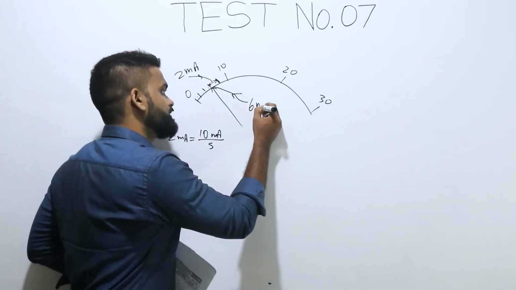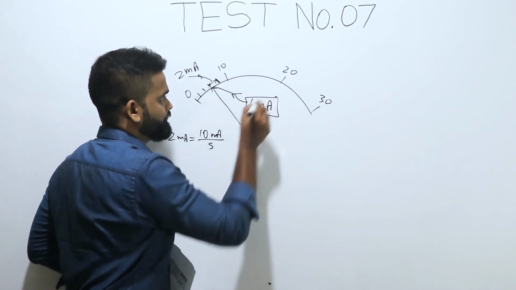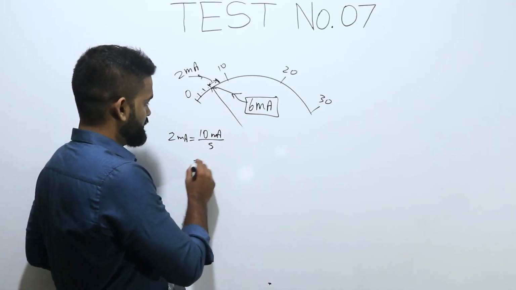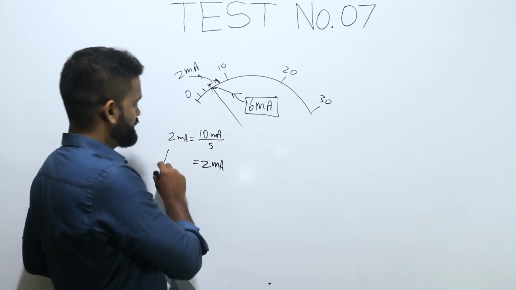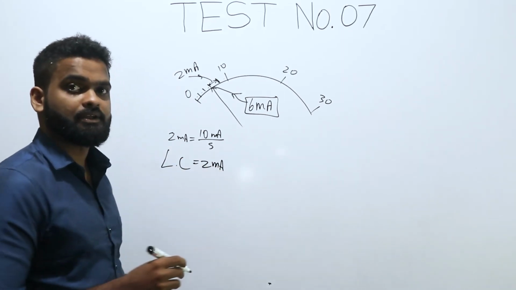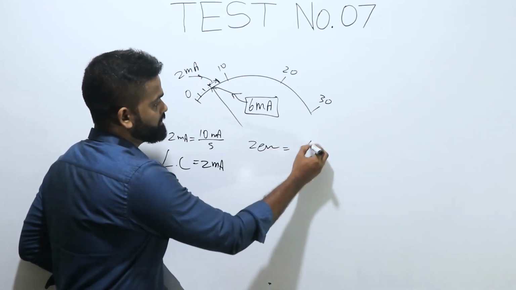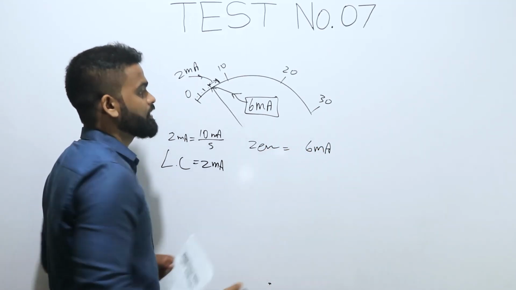So it should be 6. So the least count is 2, and then the zero error should be 6.